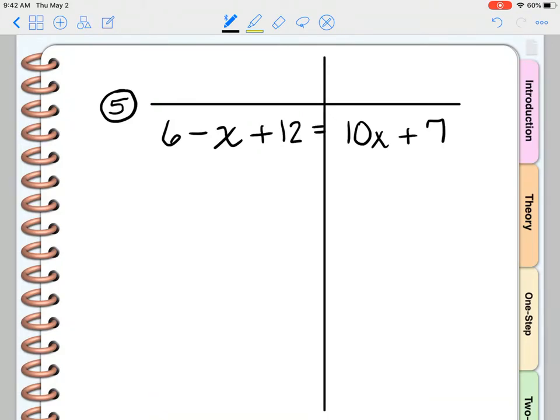I have variables on both sides of the problem. I'm going to put my ghost one in there. So look at your two variable terms, the negative 1 and the 10, and you can see that the 10 is your boss. So this will be the variable side. And on the other side is the constant side.